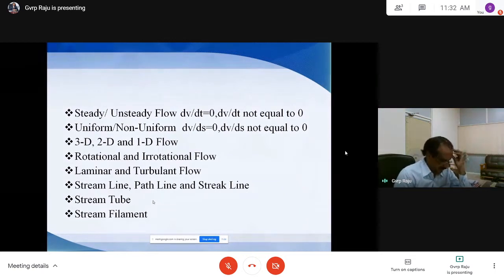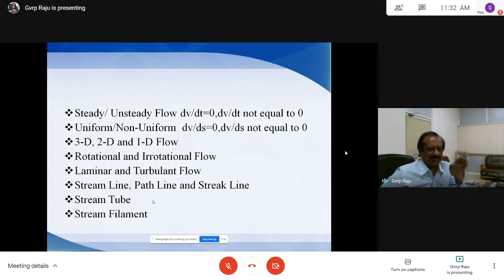The steady flow is, so the fluid velocity, steady flow. See, all the properties considered: velocity, mass density, pressure, etc. So all the fluid properties, when they do not change with time, this is also very, very important.